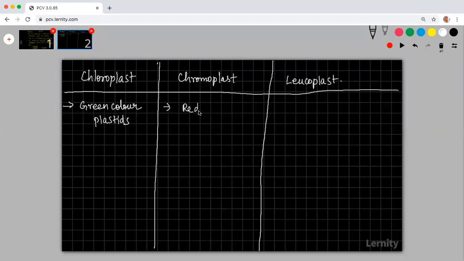Chromoplasts are red or yellow color plastids. And leucoplasts are colorless.